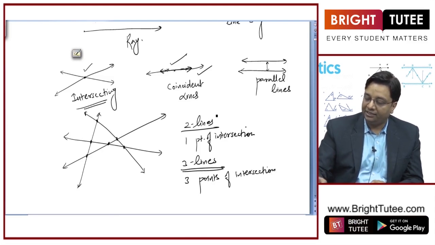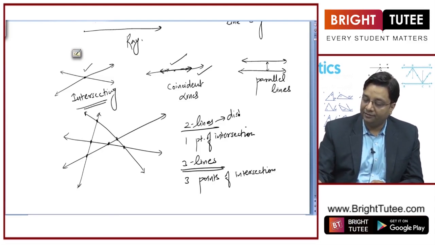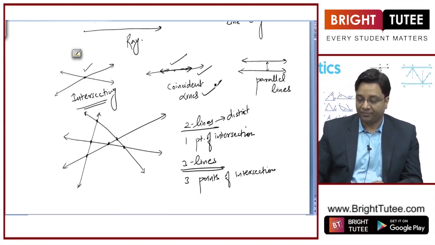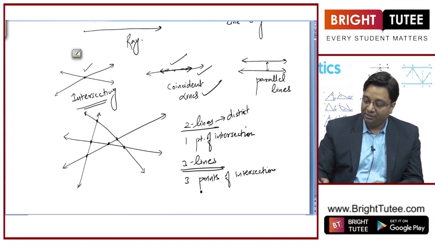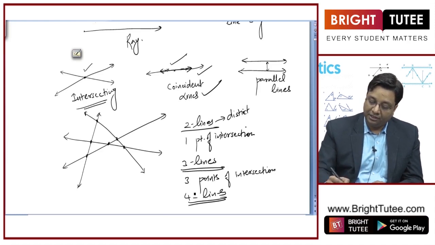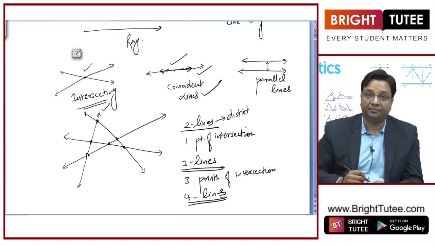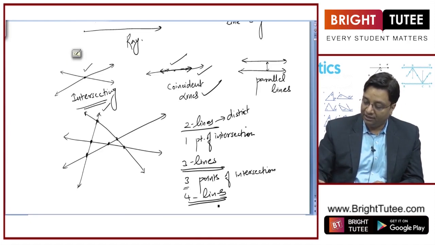And when I say lines, I mean distinct lines, not the coincident ones. So 3 lines gave me 3 points of intersection. 4 lines: now this fourth line brought 3 new points of intersection, so 3 plus 3, 6 points of intersection.